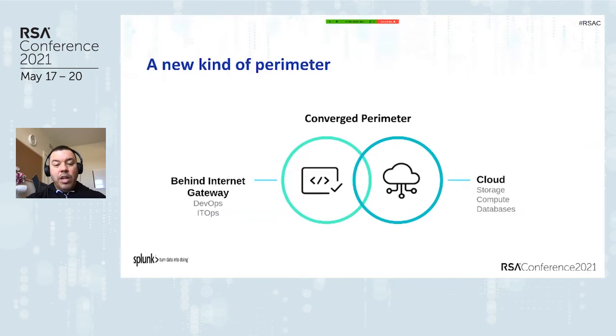And that is mixed in that gradient with cloud technologies. Many of you are probably familiar that cloud providers are now offering services where you can be saving data, you can be publishing software, you can be doing actual operations on servers that are in the cloud, but it looks like you are basically inside your own perimeter. That's what we call a converged perimeter.